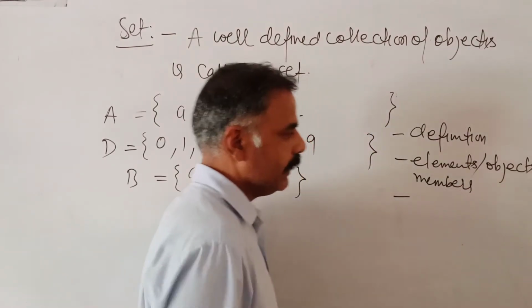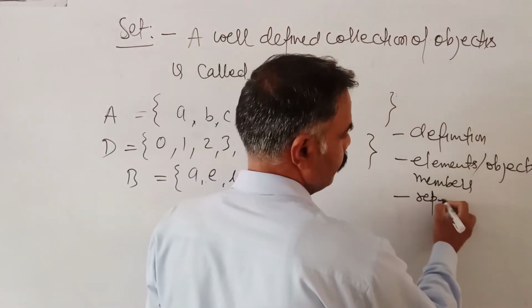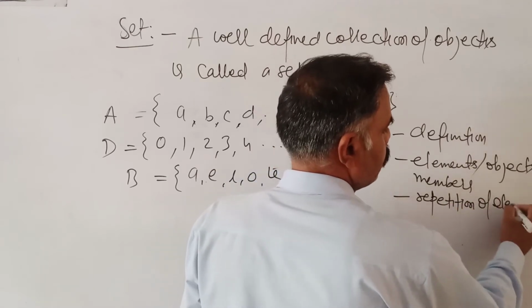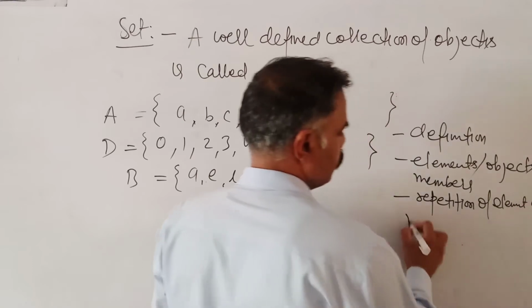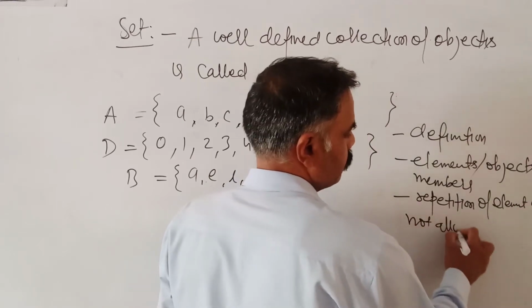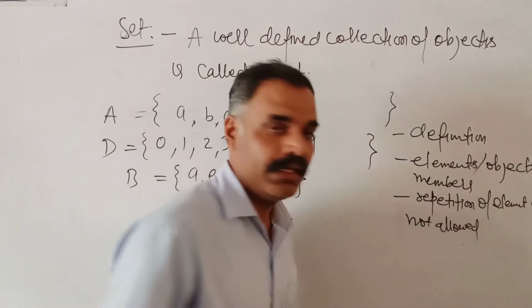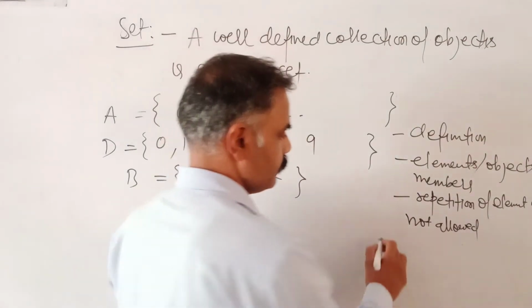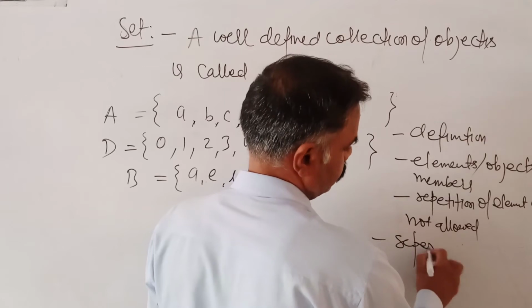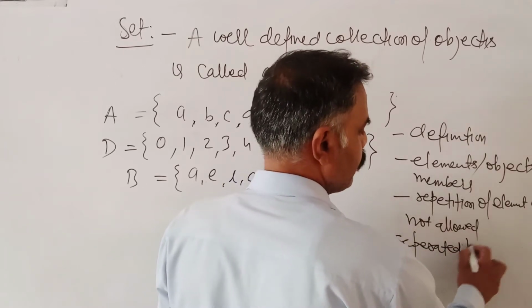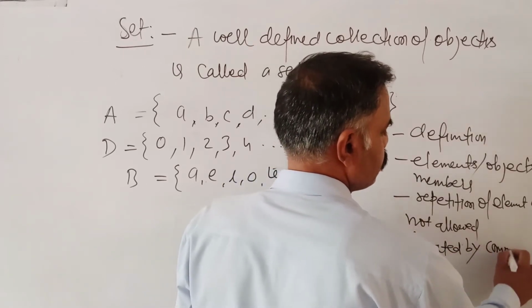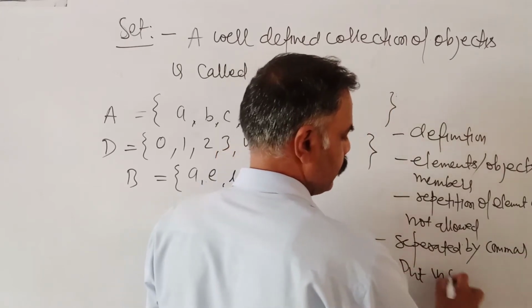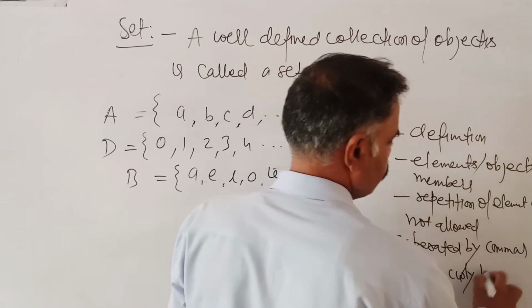Repetition of elements is not allowed, meaning in a set elements cannot be repeated. They are separated by commas and put in curly brackets.